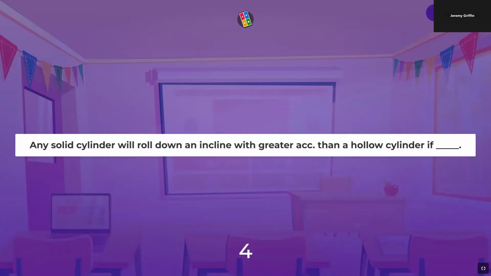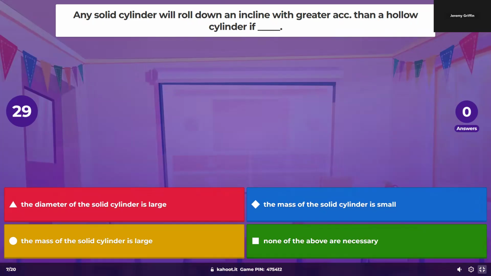Any solid cylinder will roll down an incline with greater acceleration than a hollow cylinder. Roll race.